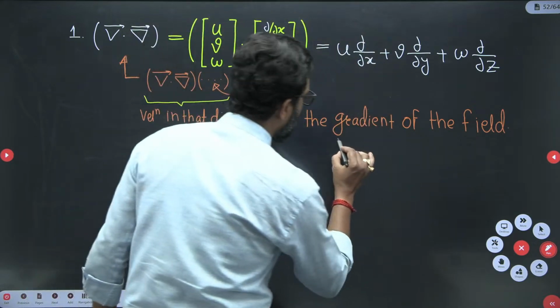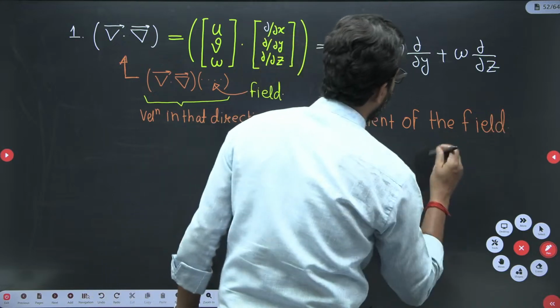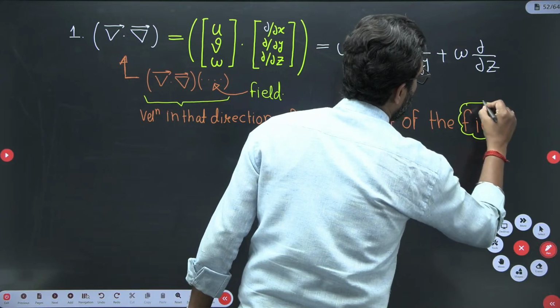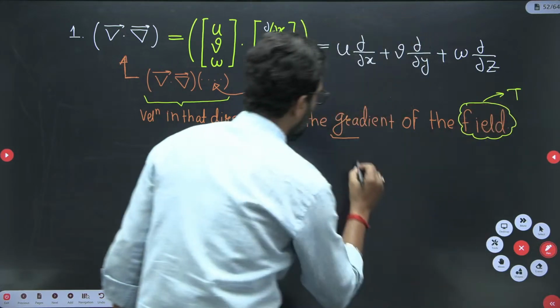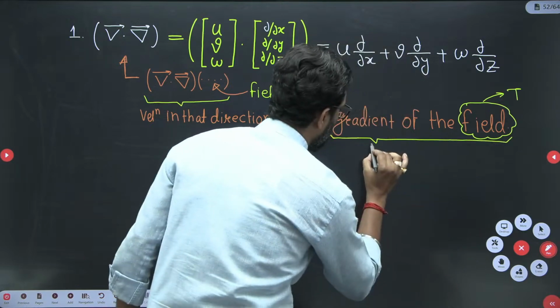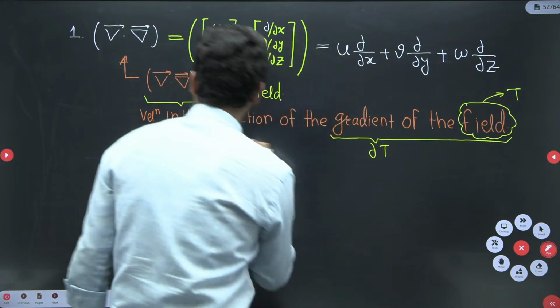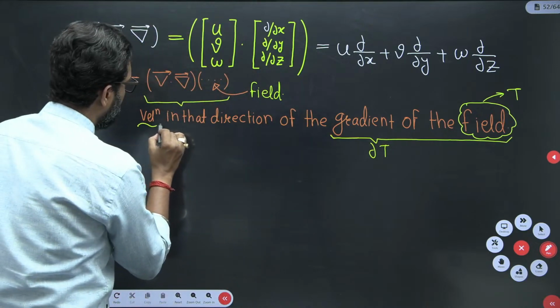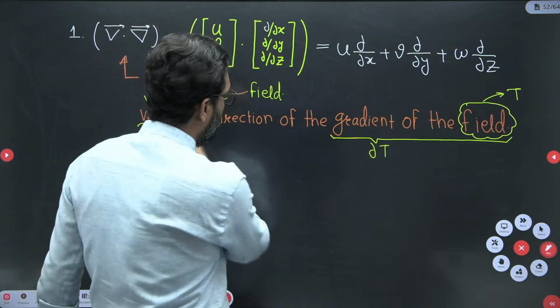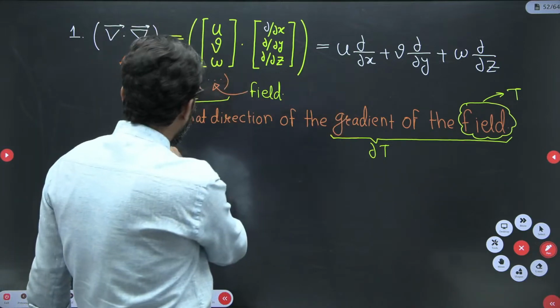So what is the gradient of the field? Let's suppose field is T, the temperature field. So the gradient of the field means dou T. Let's suppose the velocity is u. In which direction? X direction.